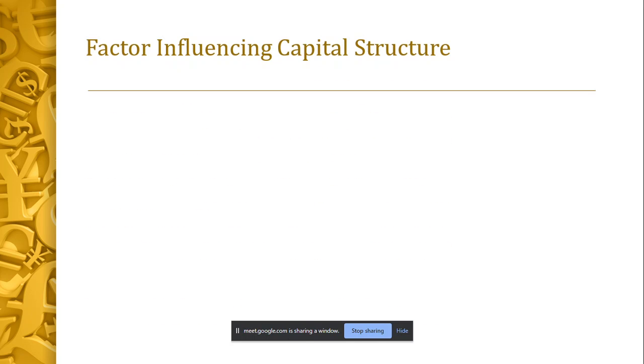Now, when it is a combination, definitely there lies behind that some decision regarding whether we are going for equity or debt or a combination of the things, we'll have to decide, right? Now these decisions would be mainly influenced by many of the factors. Now these factors can be internal factors, or they could be external factors.